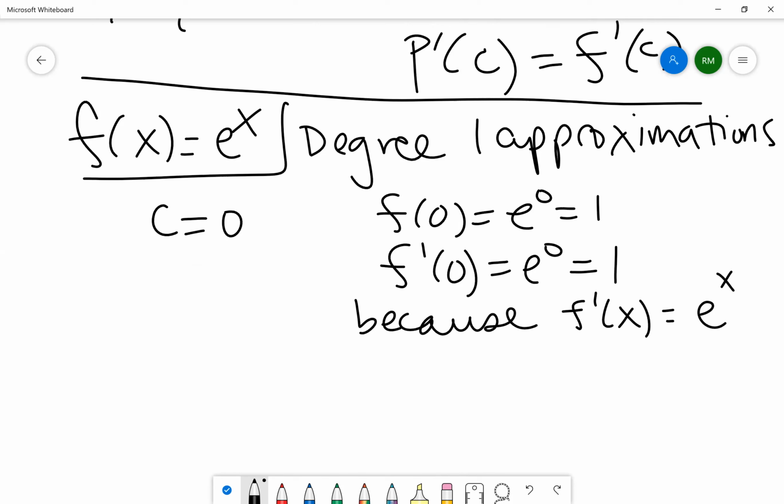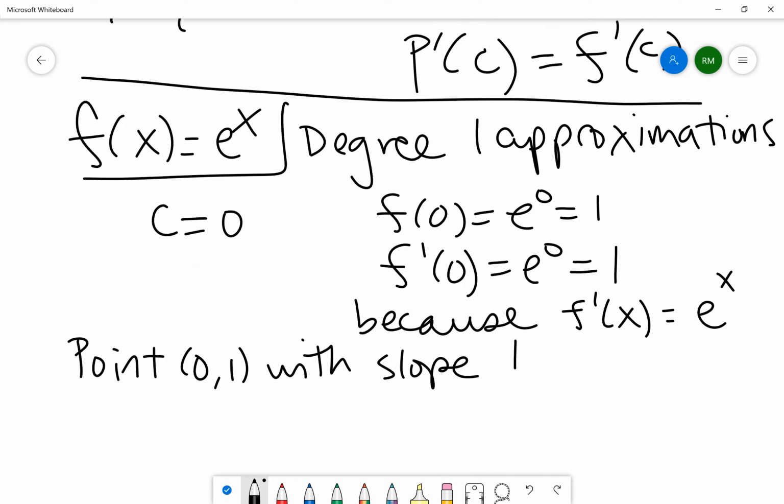So I need a line that goes through the point 0, 1 with slope 1.